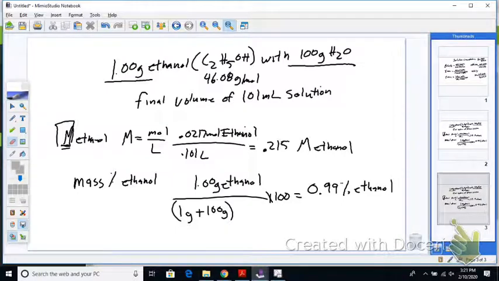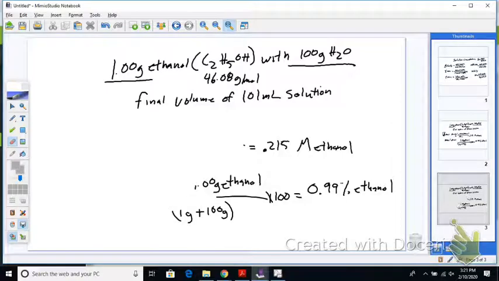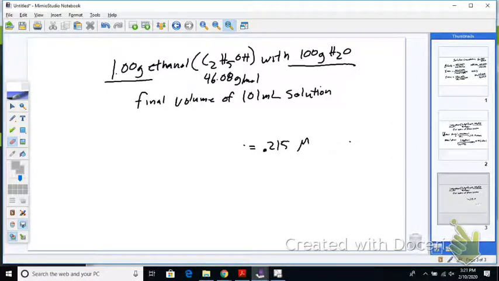I think we've already figured out the moles of solute, right? Yeah, 0.0217. So we already have that. Now we just have to find the total moles of our solution. Water has 100 grams of it, and we know water's molar mass is 18.02 grams per mole.